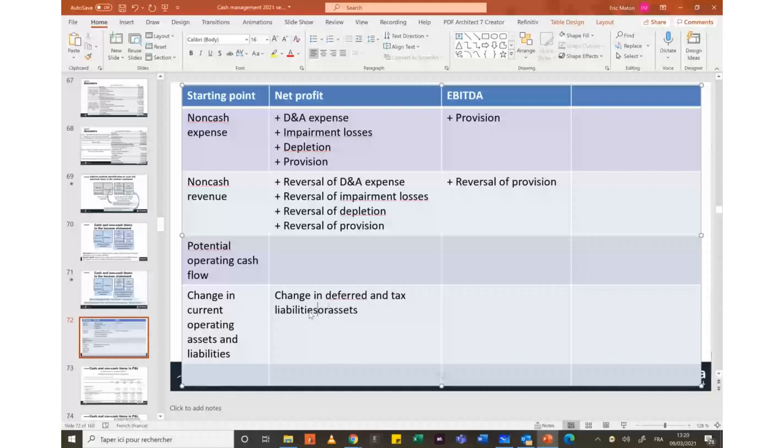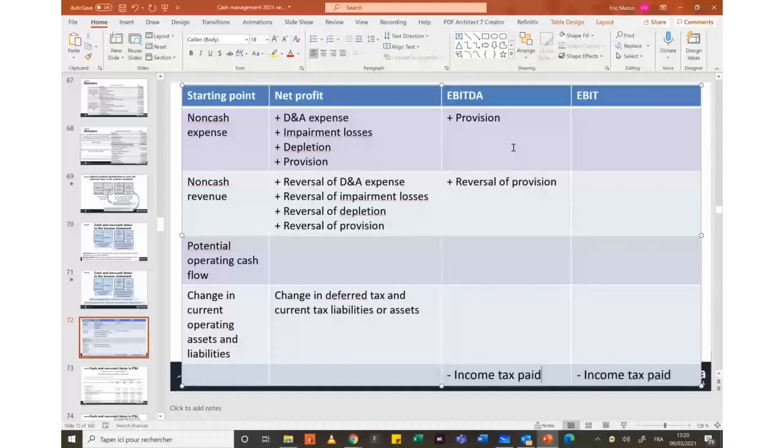Because we start with the EBITDA or you start with the EBIT, we don't need the change in deferred tax and current tax liabilities and assets. What you need is directly minus the income tax paid. Okay.